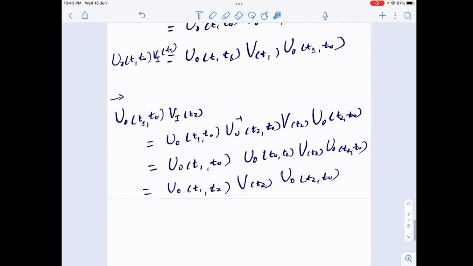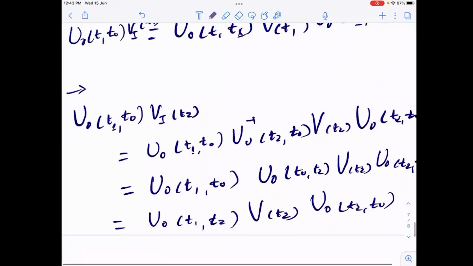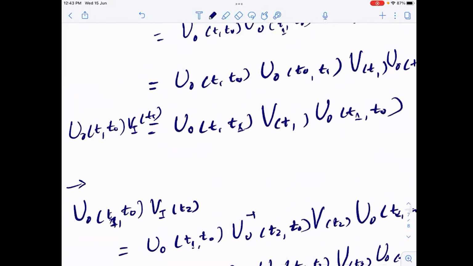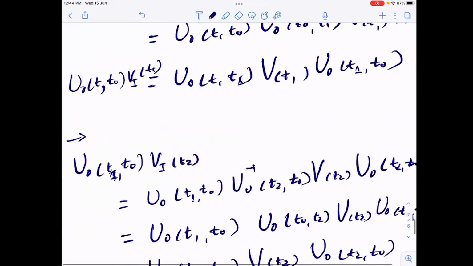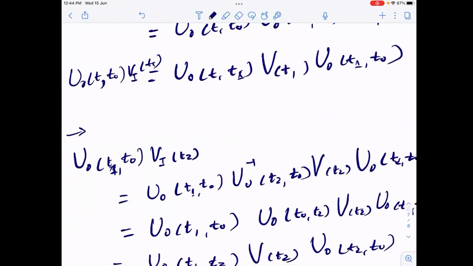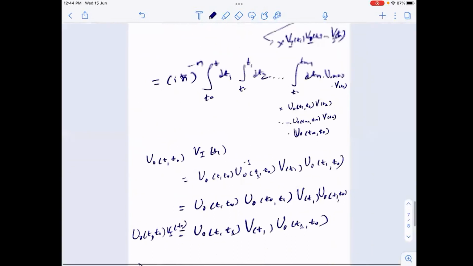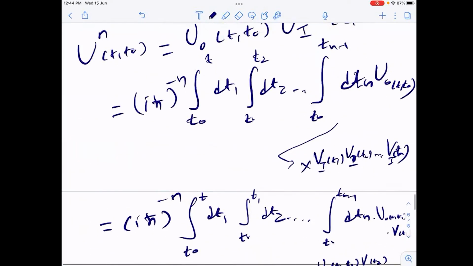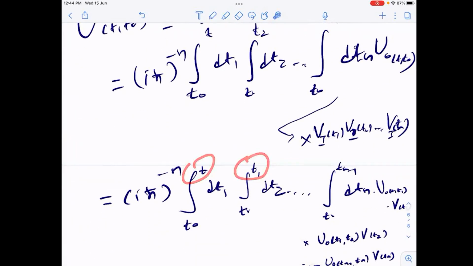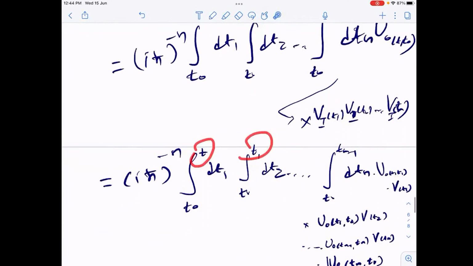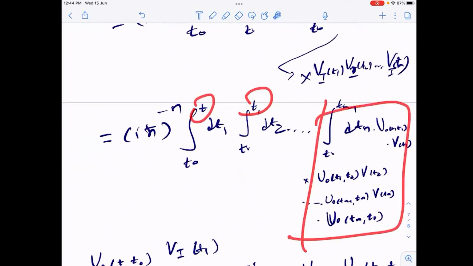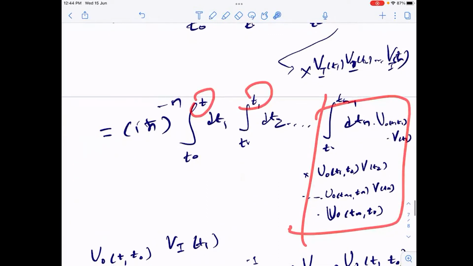The second one is T1, T0. But in the integration, the terms are U naught T1, T2 multiplied by VT. Okay, I got your point.